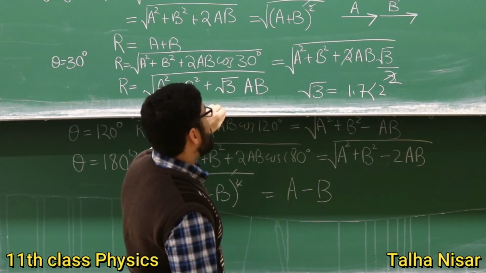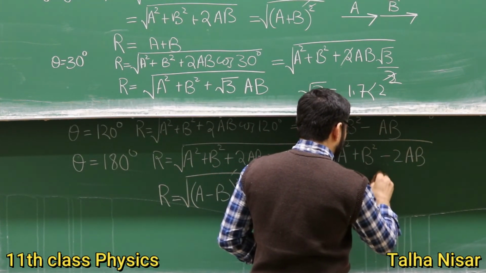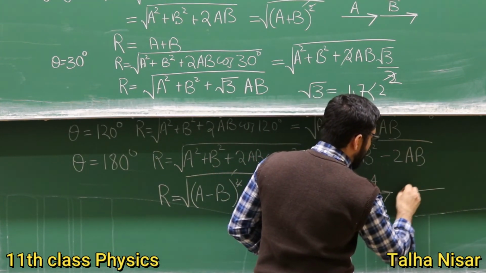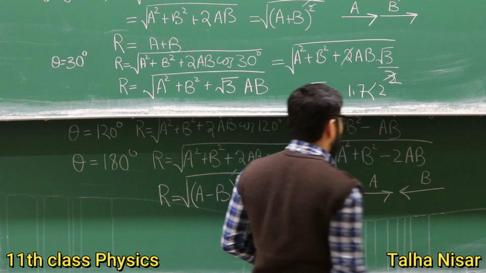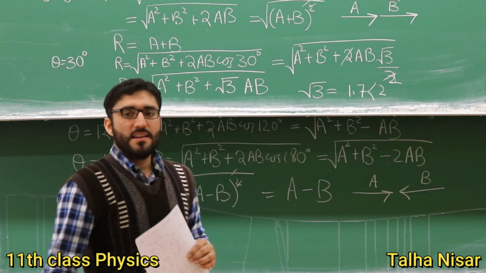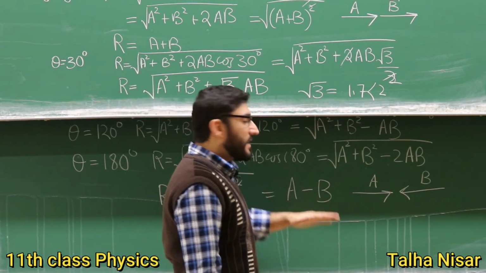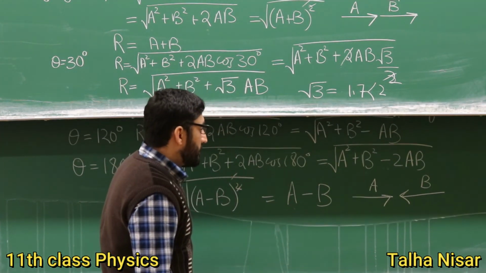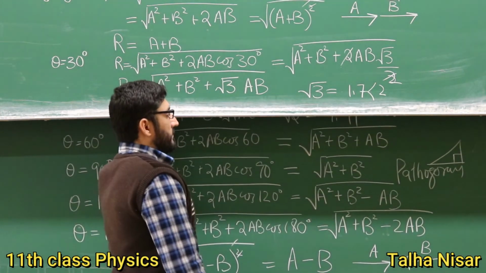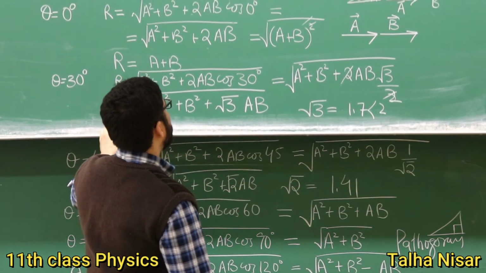When it was 0, this is A, and at 180 degrees it will be like this, B. When the angle between these two is 180 degrees, we can subtract the vectors like scalars, just numbers. This is very important for the exams.